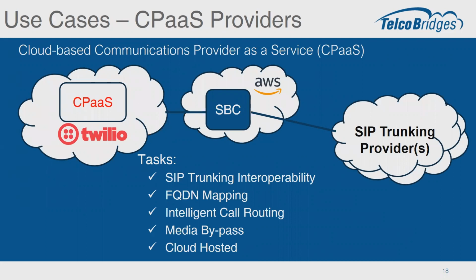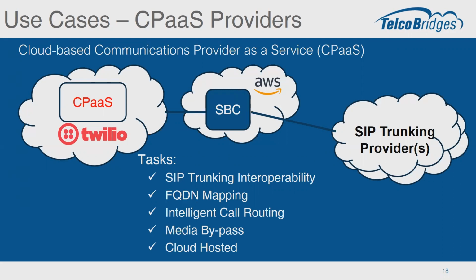Some of the tasks would be, of course, interoperability, SIP header manipulation, possibly dial plan fix-up, all kinds of things that happen in SIP interoperability issues. We've run into situations where the fully qualified domain name needs some kind of mapping or correction, which we've undertaken for Twilio interface or interoperability.